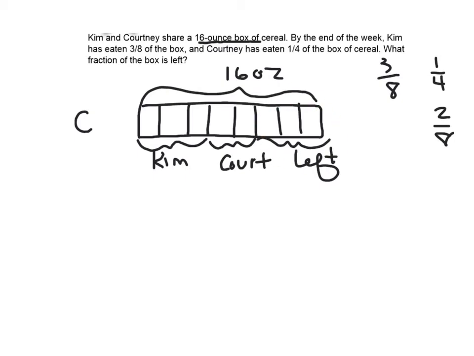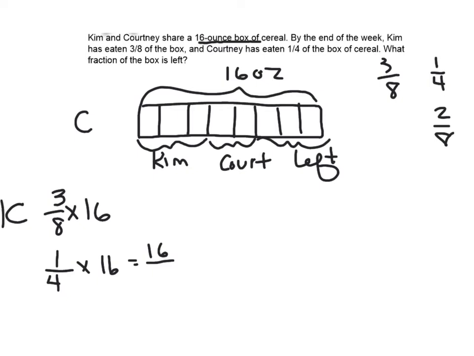There's also another way we could have done this. We know that Kim ate 3/8 of the 16 ounces, and we know that Courtney ate 1/4 of the 16 ounces. So we can figure out what they ate.